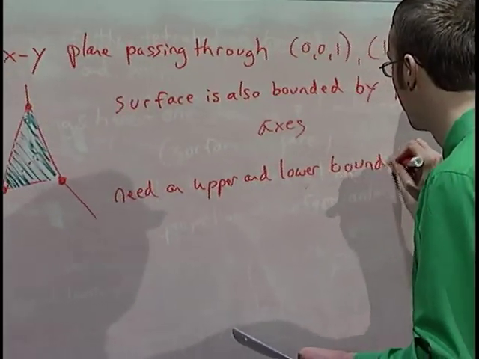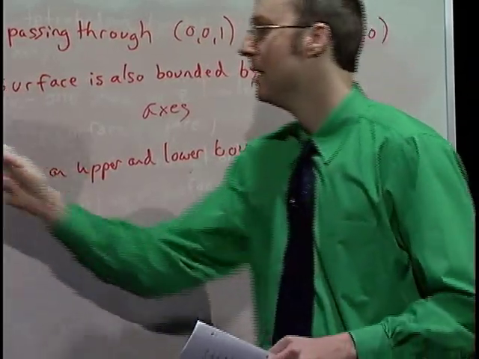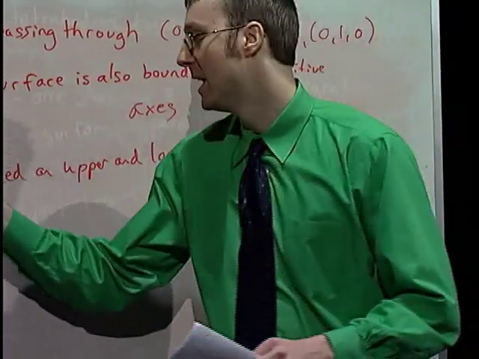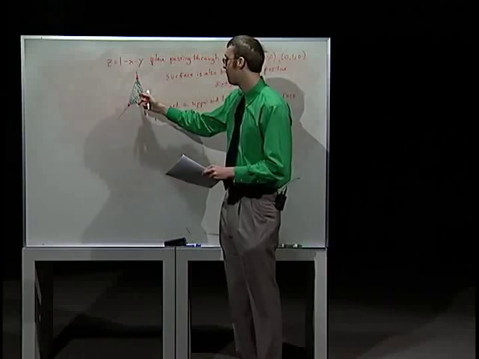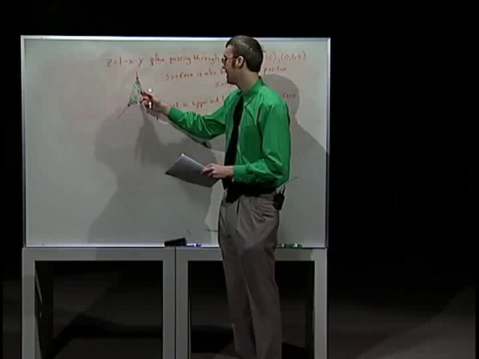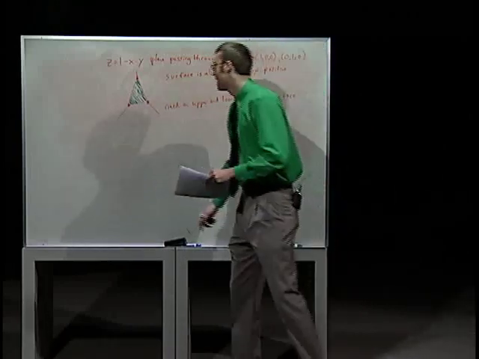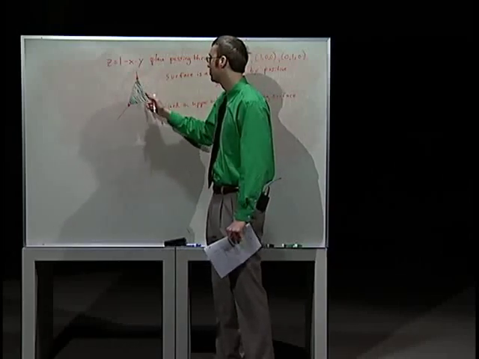So what we want is an upper and lower bounding surface. The lowest z value this thing goes to is z equals 0, in other words, in the xy plane, z is 0. That's the bottom of the tetrahedron. So that's one bounding surface. And at every point above that, the z value is 1 minus x minus y.